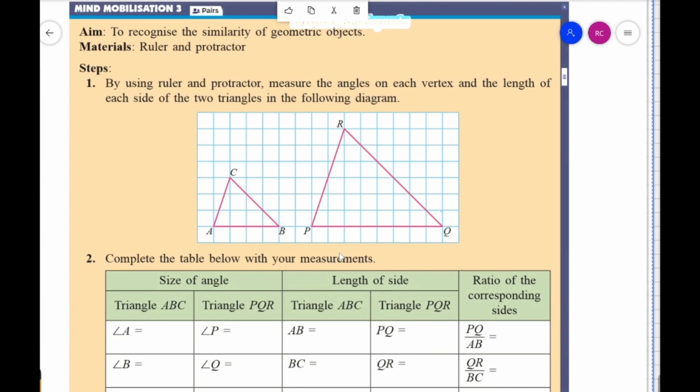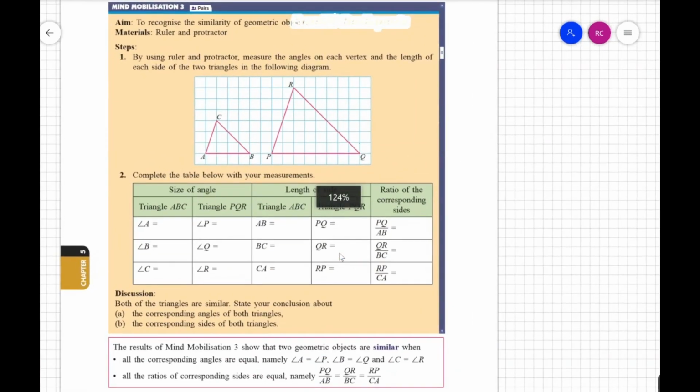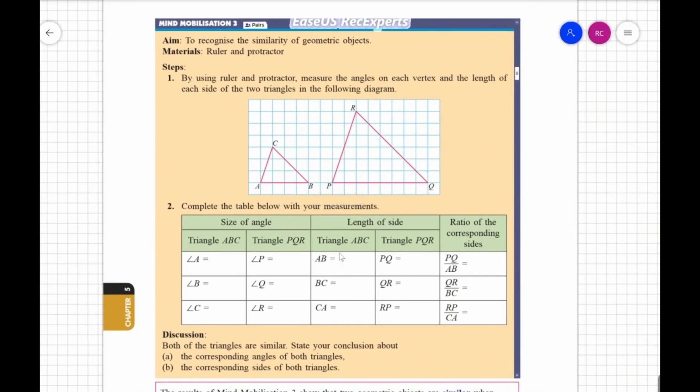For example, angle A is the same as angle P, angle B is the same as angle Q, and angle C is the same as angle R. So angle P is angle A, angle Q is angle B, and angle R is angle C.